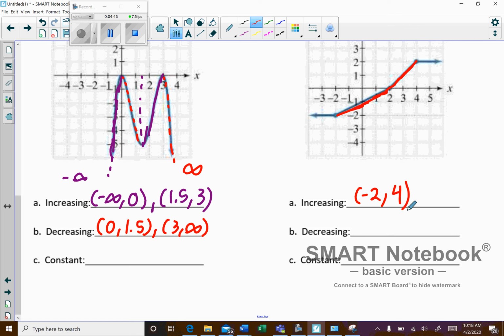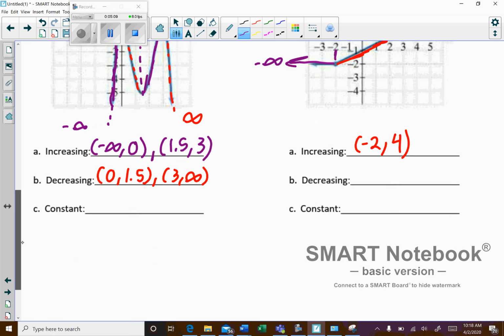There is no decreasing interval as you read it from left to right, but we do have two constant intervals. You can see there's one right here from negative infinity to -2, and then we have one from 4 to positive infinity.